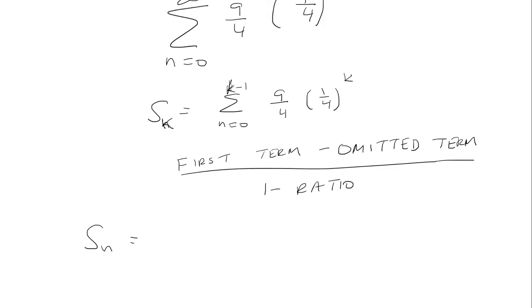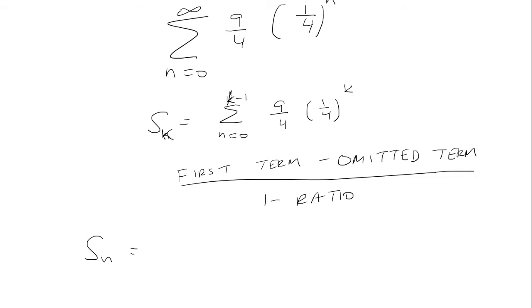If I plug in n equals 0, I get 9/4 times 1/4 to the 0 power. The nth term will be when this is n minus 1, because when n is 0, this is your first term. When n is 1, that's your second term. So do you see how you have to add 1 to the n?